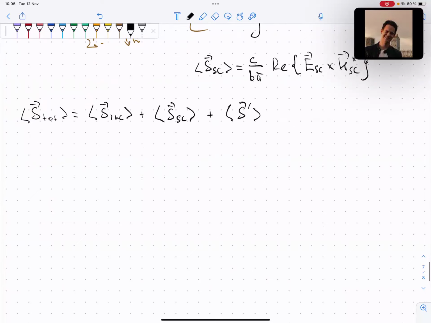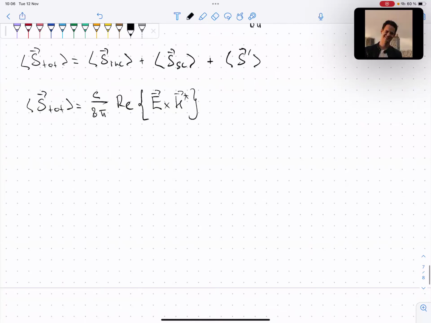What do I mean by this? The total Poynting vector is c over 8 pi times the real part of the total electric field multiplied by the conjugated total magnetic field. But the electric and magnetic fields are the field of the incident wave plus the scattered field, and the same for the magnetic field.